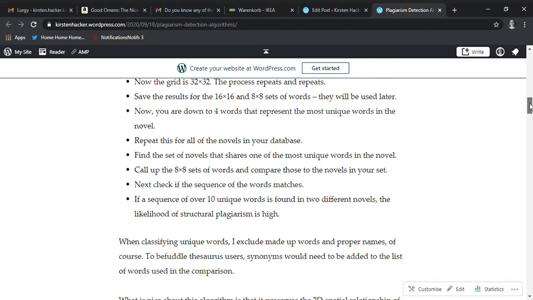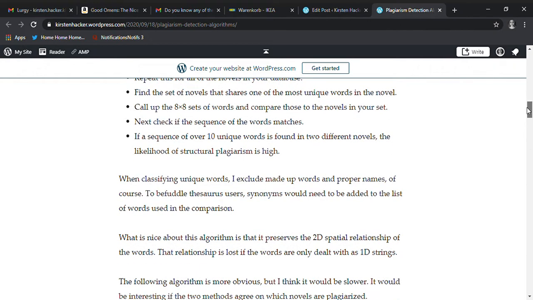So now you can start comparing these novels in these grids of numbers. You could call up the 8 by 8 set of unique words in a novel and compare those to all of the novels in your set.